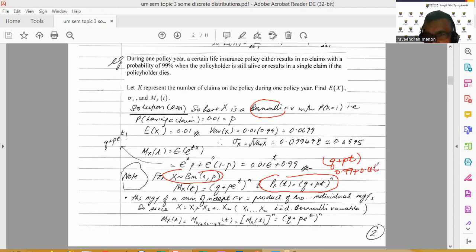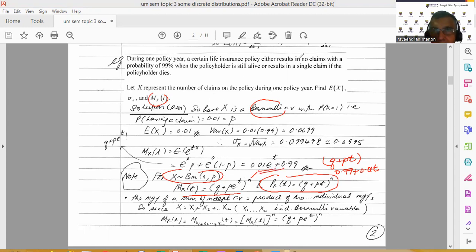But our question was the moment generating function, which is given by this. This is for the binomial distribution, so just make your n equal to 1 and you'll get it for the Bernoulli distribution. So it'll be 0.99 plus 0.01 times e to the power of t. There you go. It's quite easy to do.